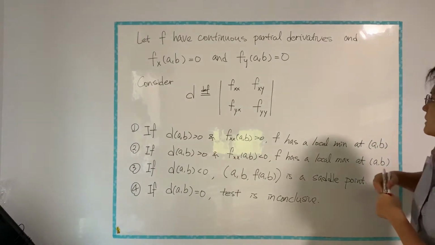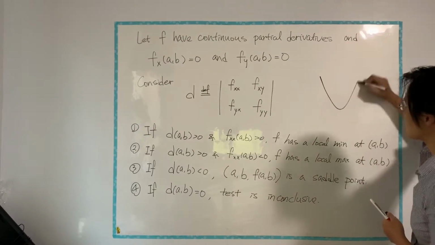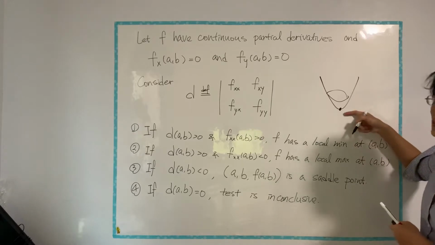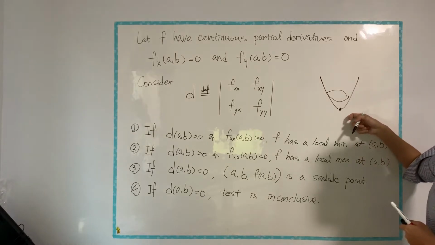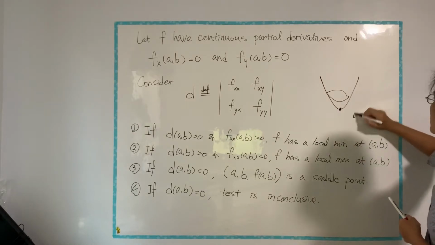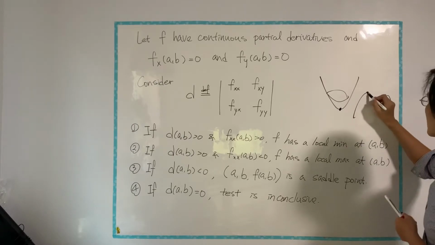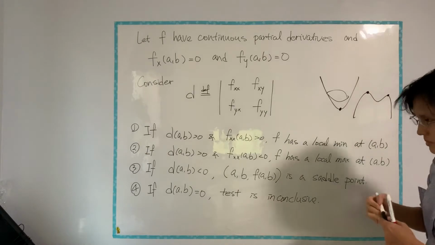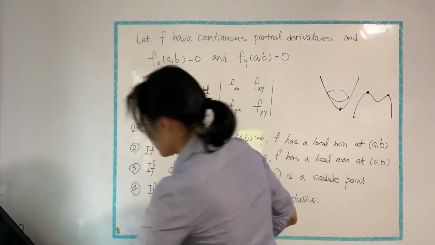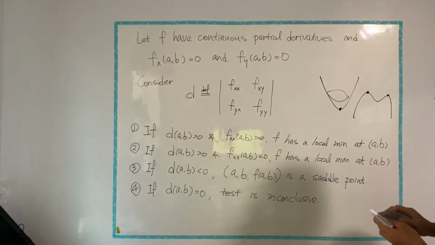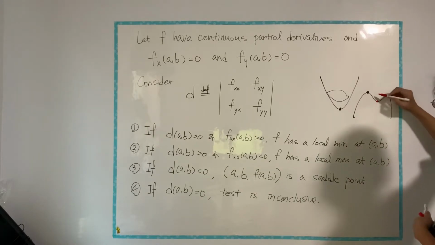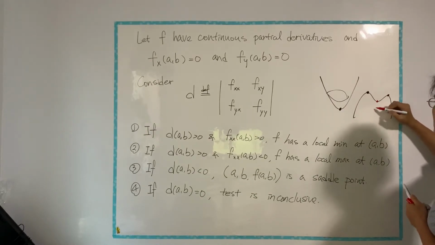If I have a surface like this, like a paraboloid, you can see this is a local minimum. If I have something that looks like this, then I have a local maximum here, local maximum here, for example. And this point is actually also an interesting point.